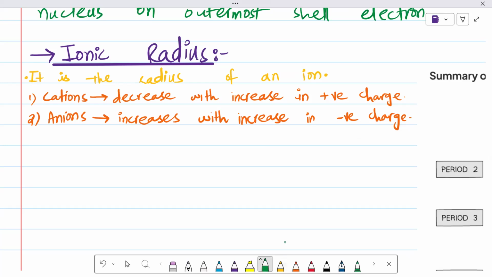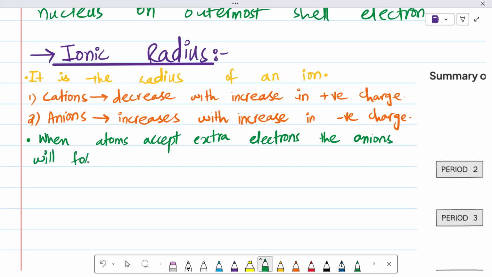So generally we say that with the increase in electron number, when atoms accept extra electrons, anions will form, and they will have the same nuclear charge.